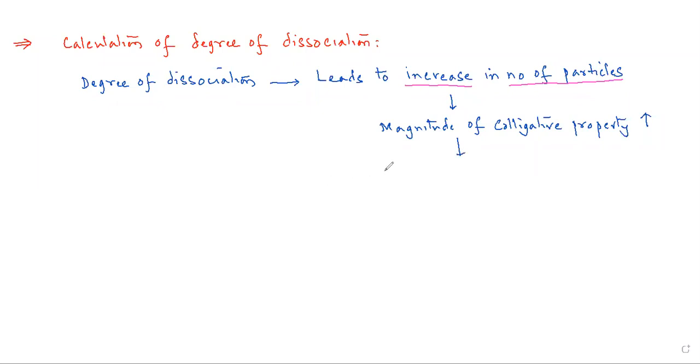When the magnitude of the colligative property increases, the molar mass of the solute decreases. The first two are directly related. The last two are inversely related. So increases, increases. But this one decreases. Let us take an example.